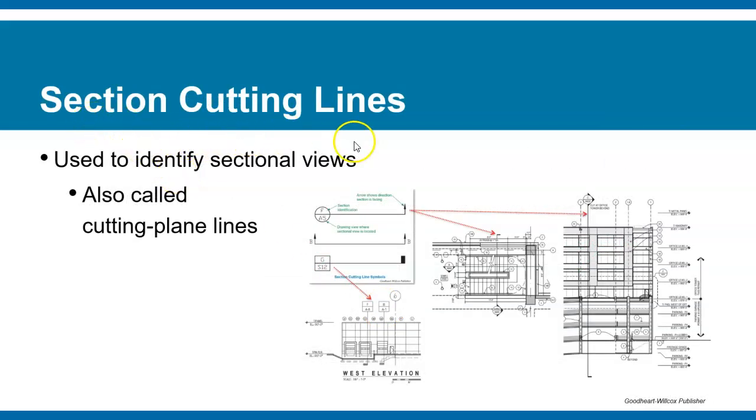Section cutting lines. It's also used to identify section views, or also called cutting plane lines. Okay, so in the earlier drawing we saw this section line, or this cutting line with this flag. We could see section cut and the flag to one side of the line representing the direction that we're looking in.